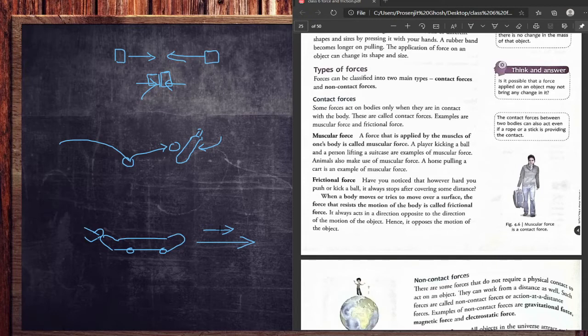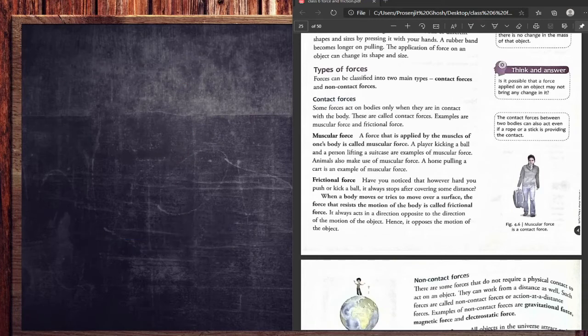Alright, moving to frictional force, that is the most important force. What is friction? Let me discuss it first. Whenever there is a rough surface, if you roll a ball on it, it will travel a very short distance because the rough surface is not allowing the ball to move further. But if I do the same experiment on a smooth surface, the ball will roll very easily.